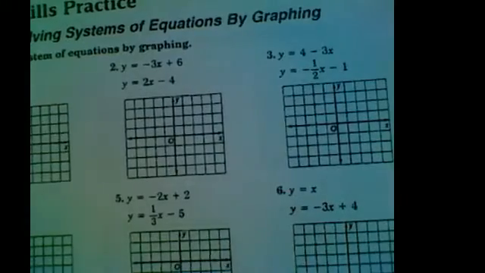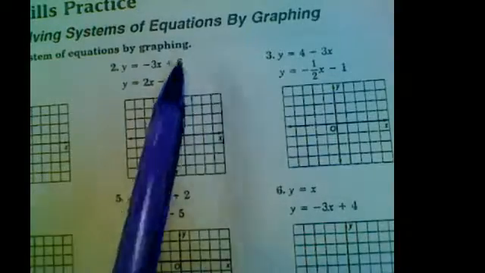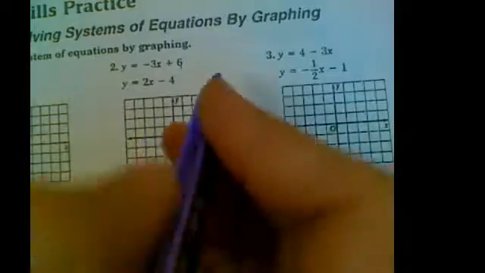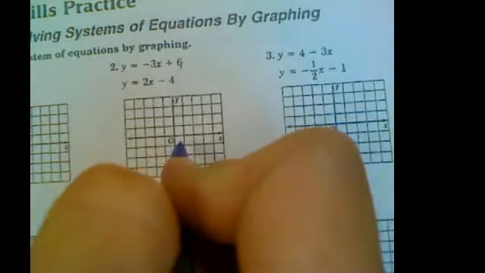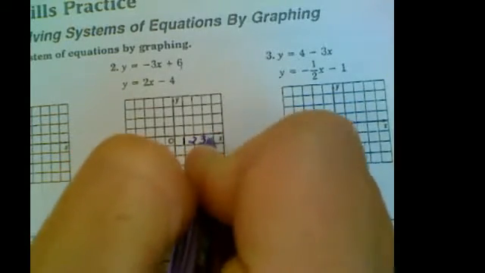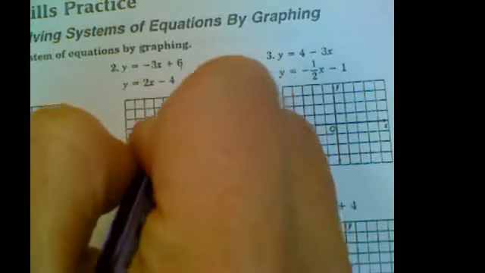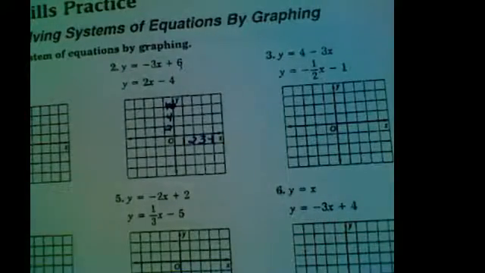So number 2, my very first equation has a y-intercept of 6. So I look at my graph and you guys freak out because, oh my God, you didn't give us enough space. Remember, if you label your graph appropriately, you shouldn't run out of space. So on the y-axis, I'm going to count by 2's so that right there is the 6.